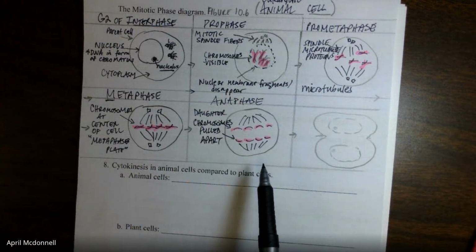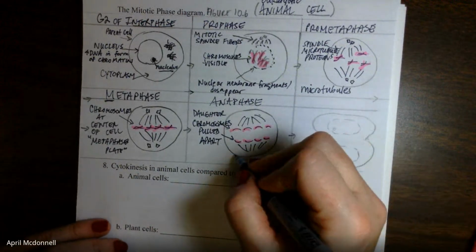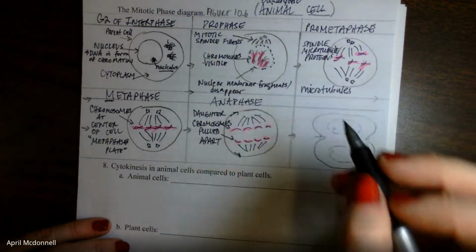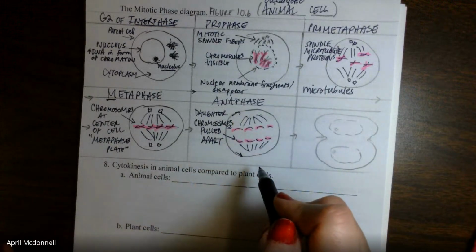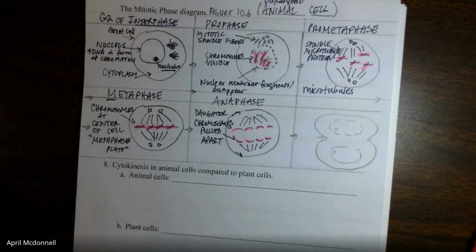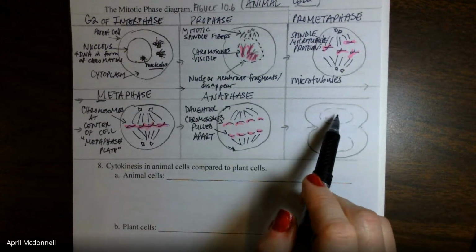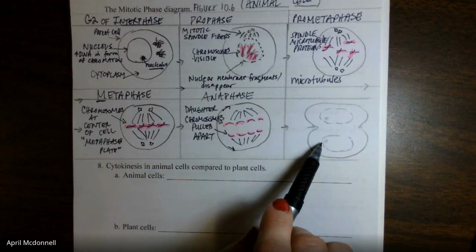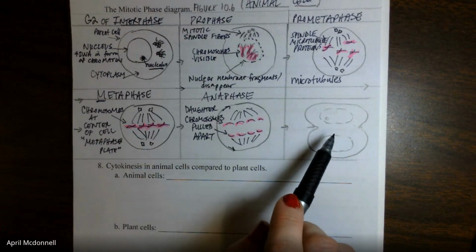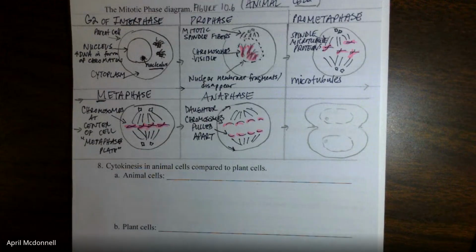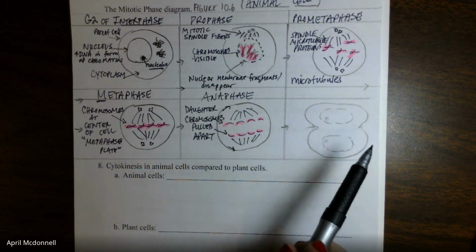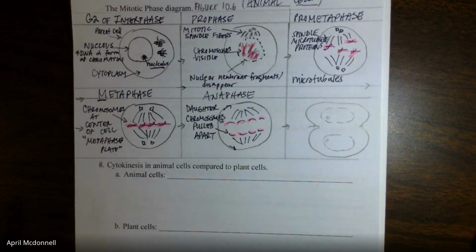So the daughter chromosomes are pulled apart to the opposite poles of the cell, kind of like the North Pole and the South Pole, because eventually what we want to do is evenly separate the chromosomes so that each daughter cell, the first and second daughter cells, are going to have the exact same number of chromosomes. So in a human, that would be 23 chromosomes in one daughter cell and 23 chromosomes in another daughter cell.